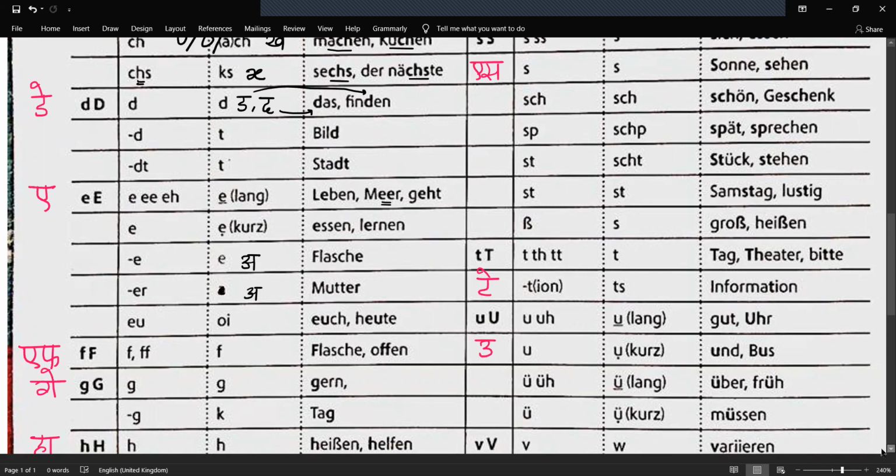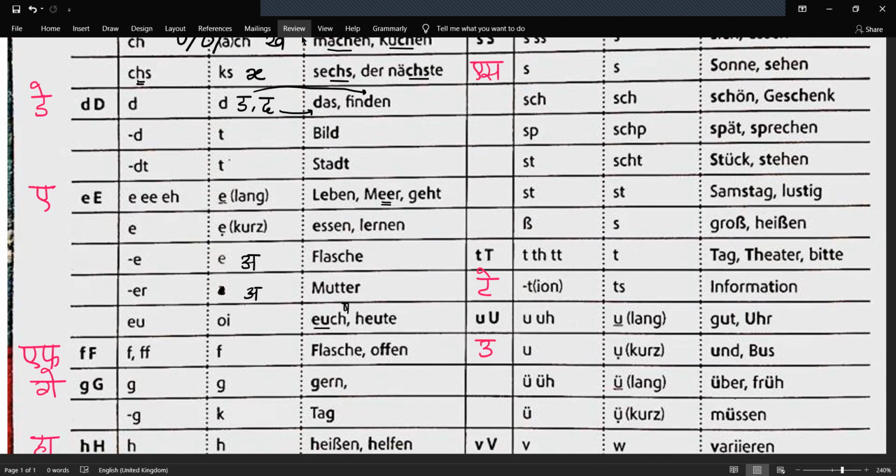Then the next pair has the OI pronunciation, that is EU together. So euch, heute. Here it's two vowels together, and therefore this CH takes the sh sound. Had it been only U, then it would have been k.